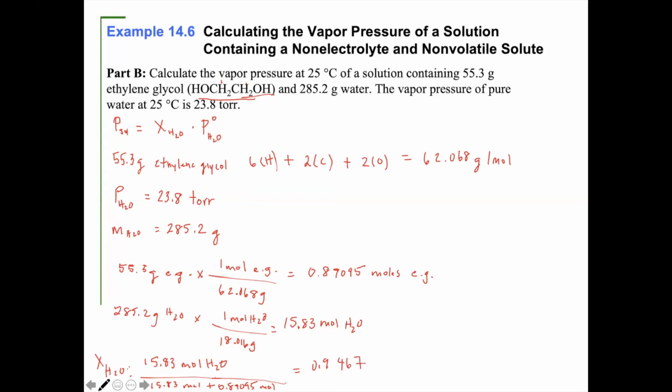Now the last step is to find the pressure of the solution. That's going to be the mole fraction times the pure solvent pressure, which gives 22.5 torr.